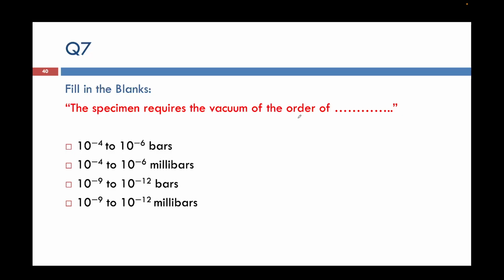The specimen requires a vacuum of the order of 10 to the minus 4 to minus 6 bar, 10 to the minus 4 to minus 6 millibar, 10 to the minus 9 to minus 12 bar, or 10 to the minus 9 to 10 to the minus 12 millibar. If you remember, the atmospheric pressure is 10 to the power 5 Pascal, that is 1 bar, right?